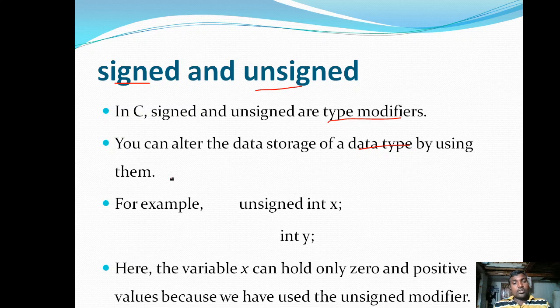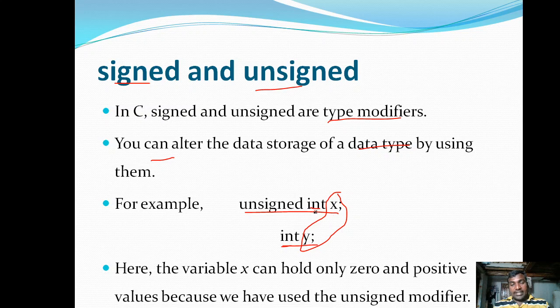You can alter the data storage of a data type by using them. For example, unsigned int x and int y. Here x and y both are of integer type, meaning they can accommodate integer values.